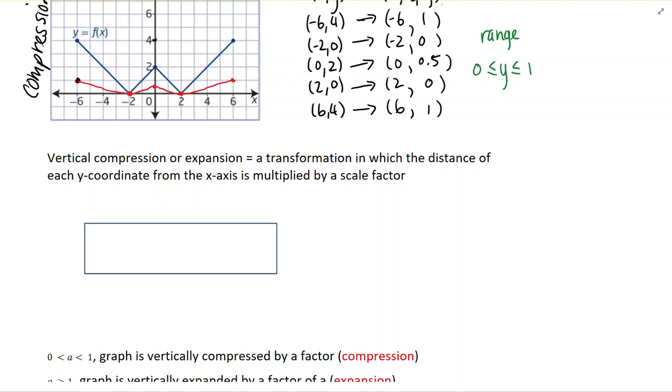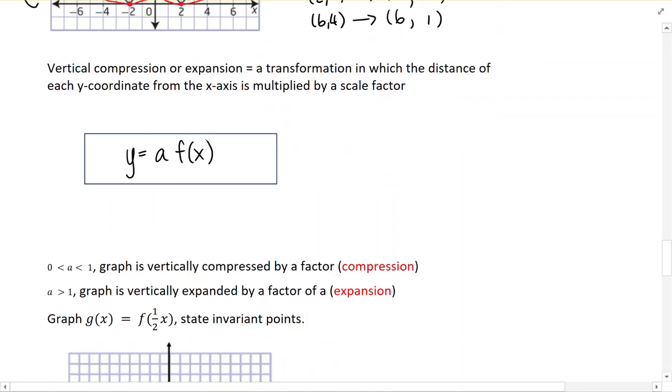So a vertical compression or expansion is a transformation in which the distance of each y-coordinate from the x-axis is multiplied by a scale factor. What that looks like in equation form is such: y equals a, where the letter to represent the scale factor is a, times the function.